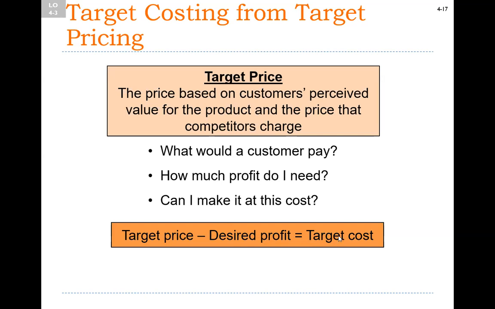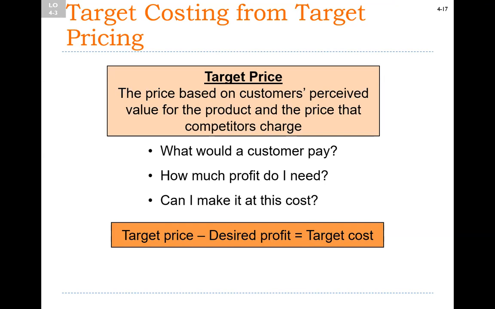And then we say, can I afford to make this at this cost? Is it reasonable to say I can make this product at this particular cost? Sometimes I can fall within those parameters, and sometimes I can't. I have to go back to the drawing board and look at my target price, look at my desired profit, or just table the entire project.